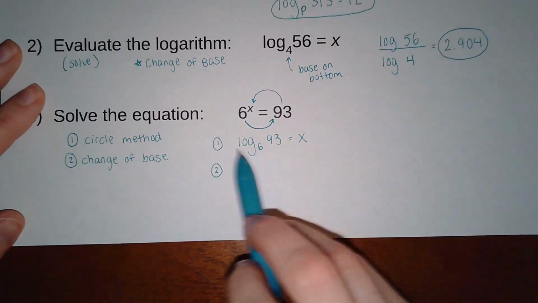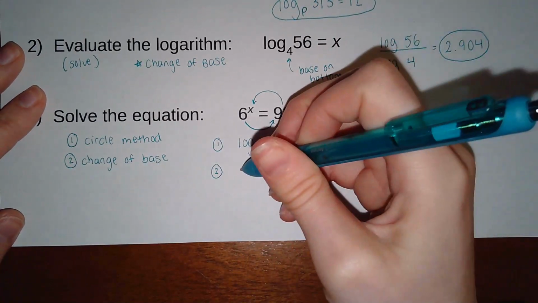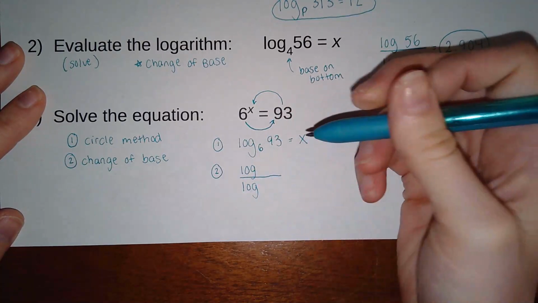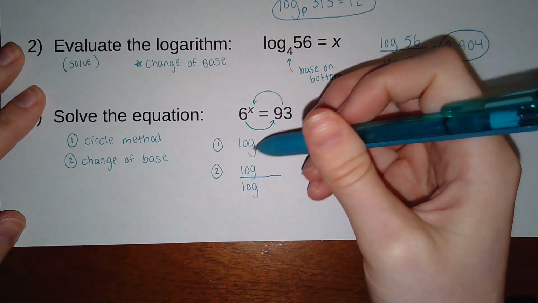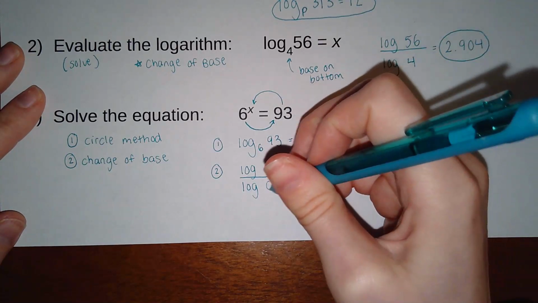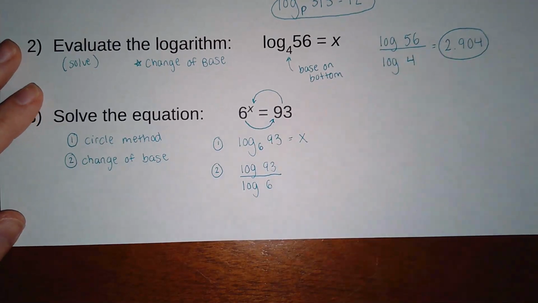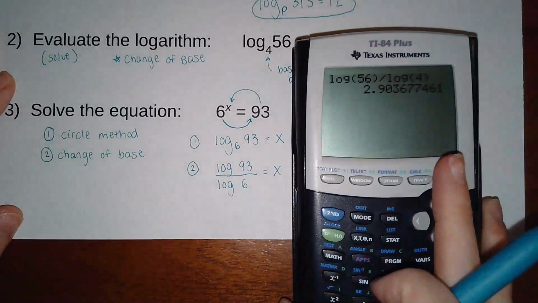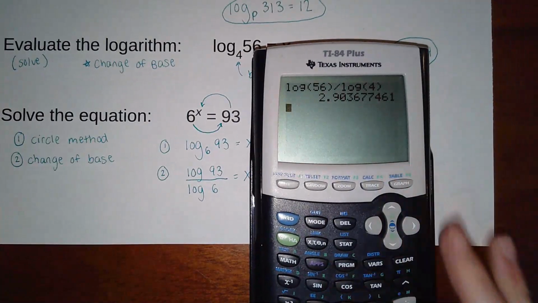So I can't type this directly on my calculator, but I could set up my change of base where I put 1 log on top and 1 log on the bottom. Remember that the base always goes on the bottom, so 6 will go on the bottom, 93 will go on top. That will be equal to x, which means I could just evaluate that on my calculator.